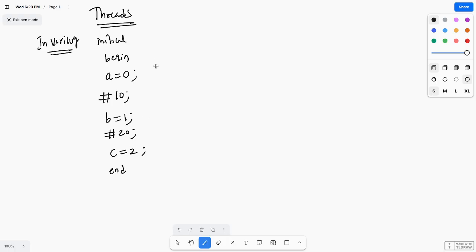That means this will be executed sequentially, as this is a blocking operator.